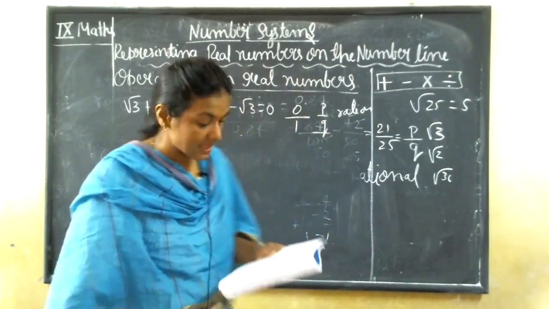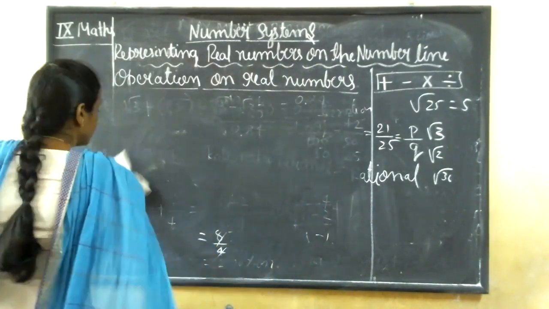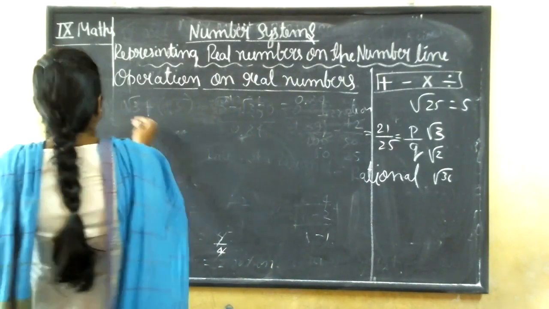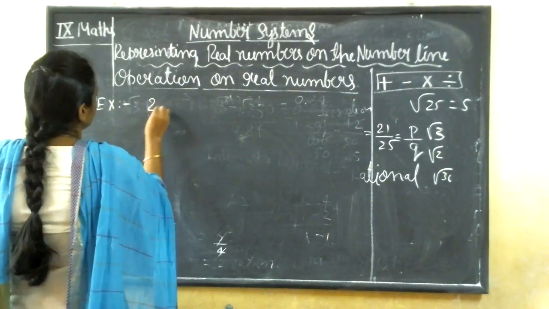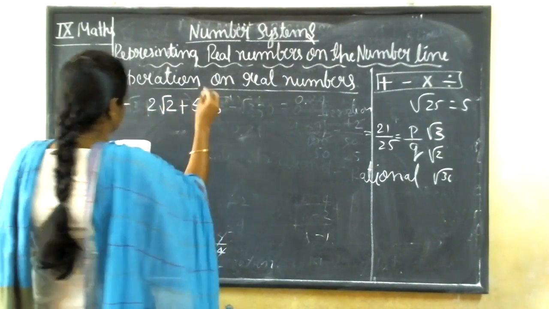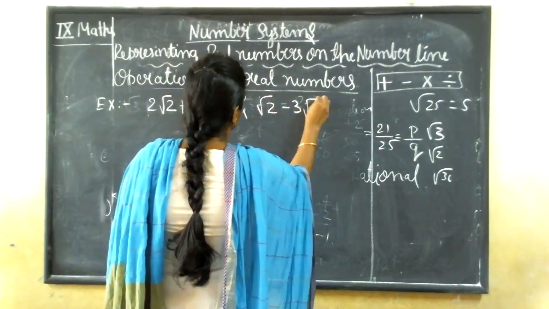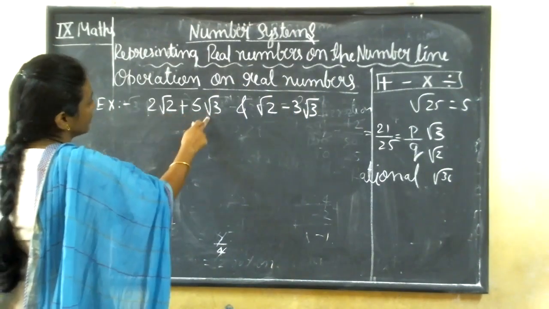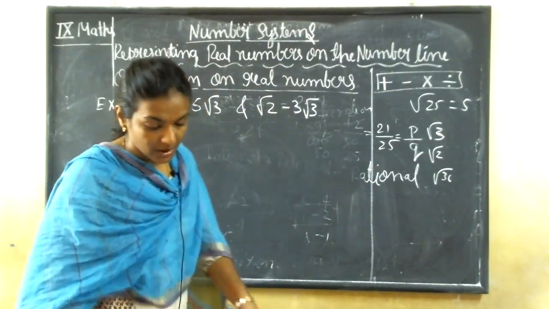Let us see some examples on this. So what examples will we take here? Examples: 2 root 2 plus 5 root 3 and 2 root 2 minus 3 root 3.